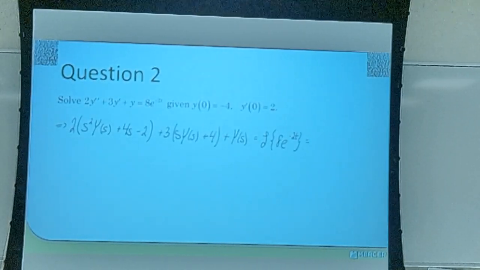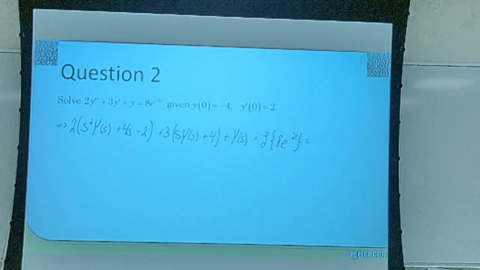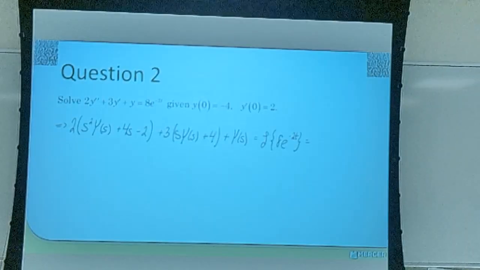What is that Laplace transform? e to the 8e to the negative 2t. s minus 2.